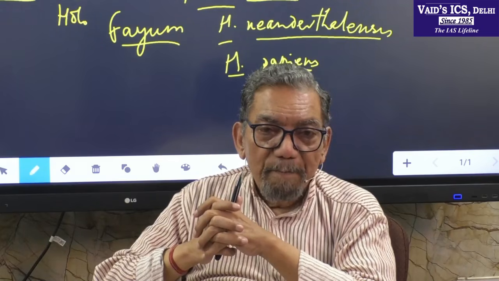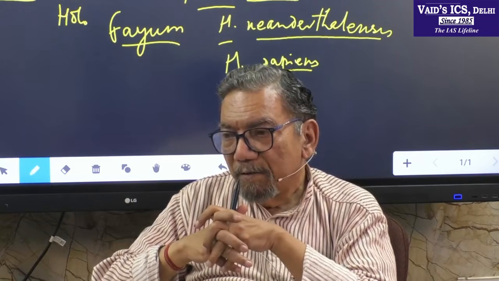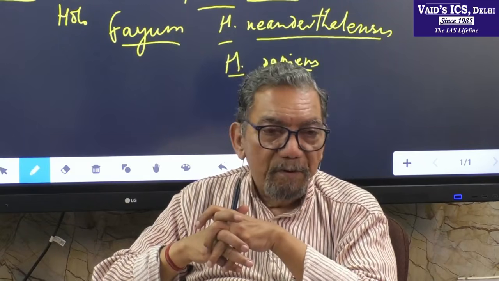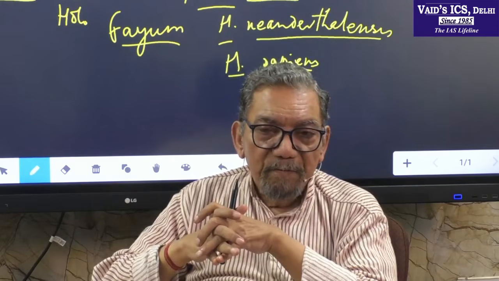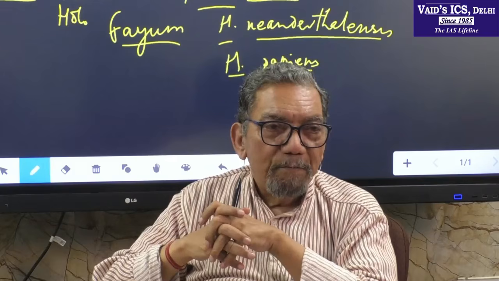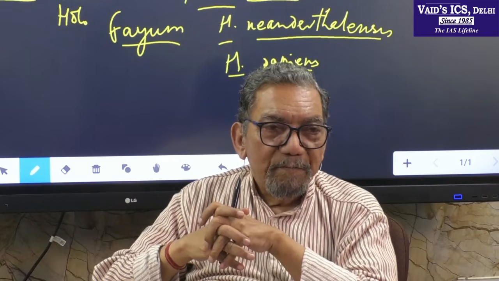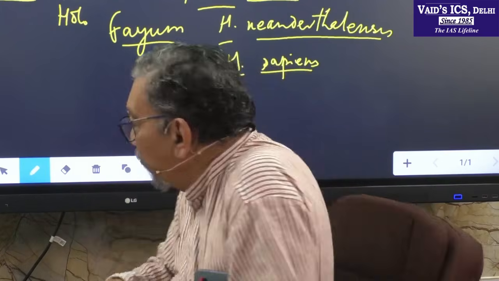Fine. So the second set is terminology, classification. Science of classification is known as taxonomy. Taxonomy, now it is a full-fledged discipline. All the life on this earth we divide into 5 kingdoms.